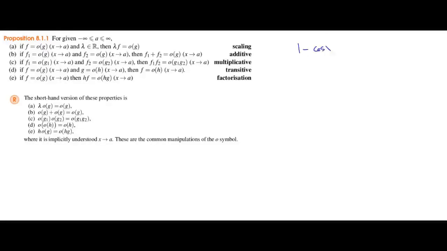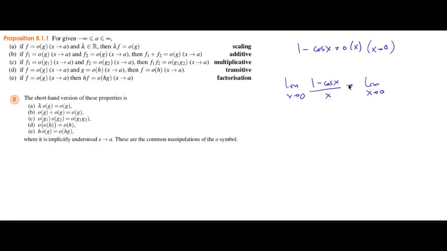1 minus the cosine of x is small o of x when x goes to 0. Because for the limit when x goes to 0 of 1 minus the cosine of x divided by x, we know that 1 minus the cosine is approximately equivalent to x squared divided by 2.